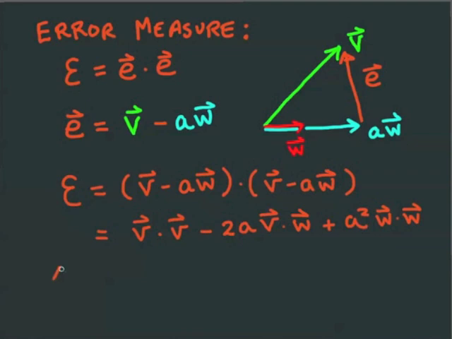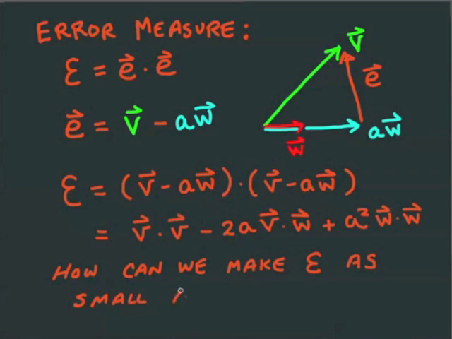So now that we've found epsilon, we have the question. How can we find the value of a such that we make epsilon as small as possible? You might want to stop the video for a moment and think about this. It's a task of minimizing a scalar by choice of another scalar.